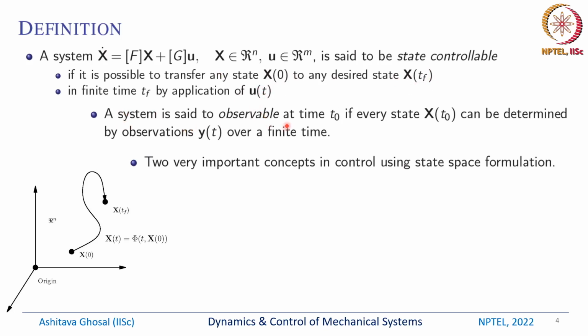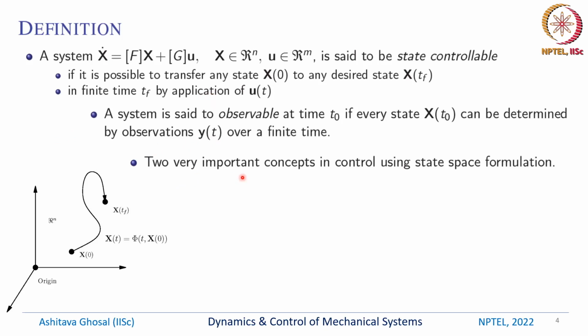Likewise, a system is said to be observable at time t0 if every state x of t0 can be determined by observations y of t over a finite time.